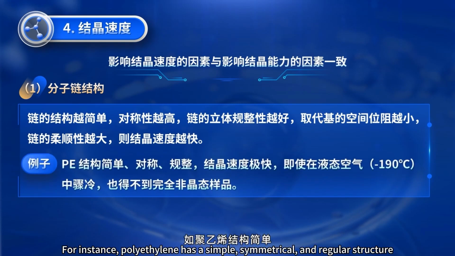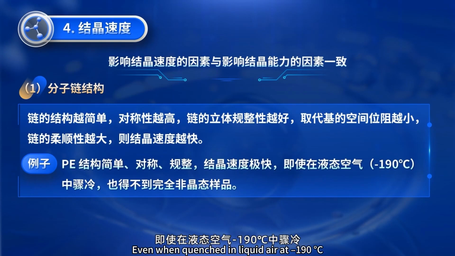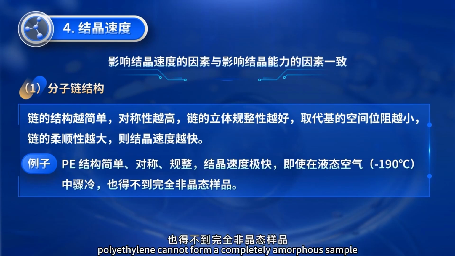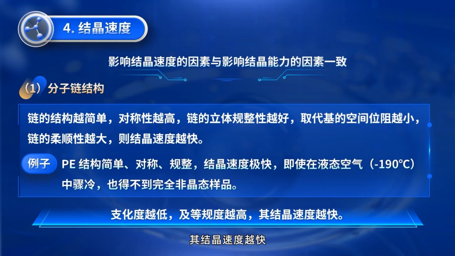For instance, polyethylene has a simple, symmetrical, and regular structure and therefore crystallizes extremely rapidly, even when quenched in liquid air at 190 degrees Celsius. Polyethylene cannot form a completely amorphous sample. The lower the degree of branching and the higher the isotacticity, the faster the crystallization rate.